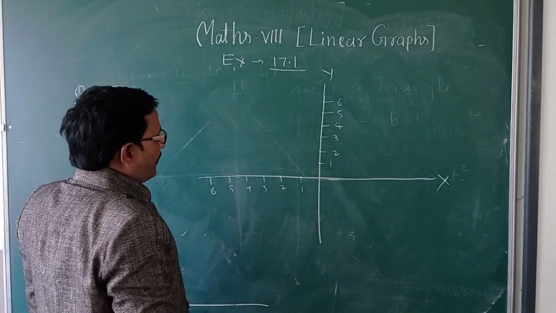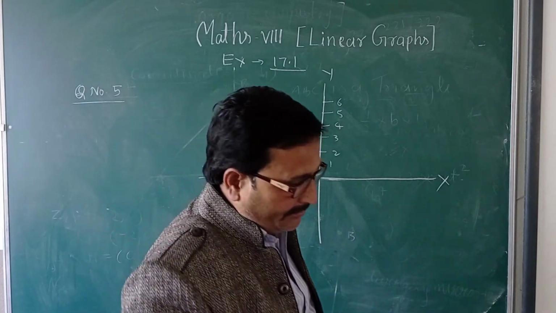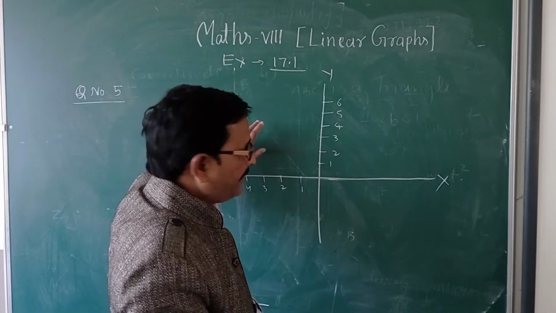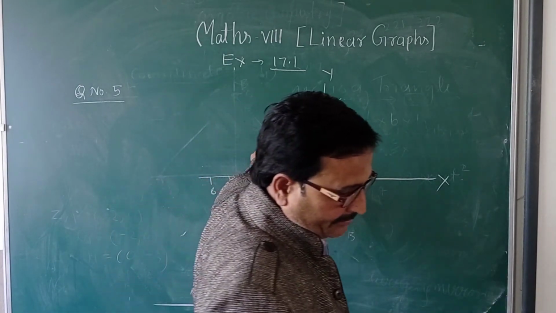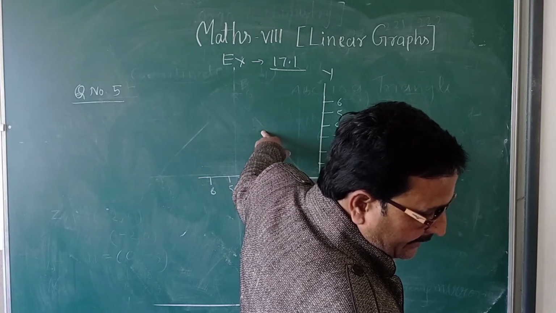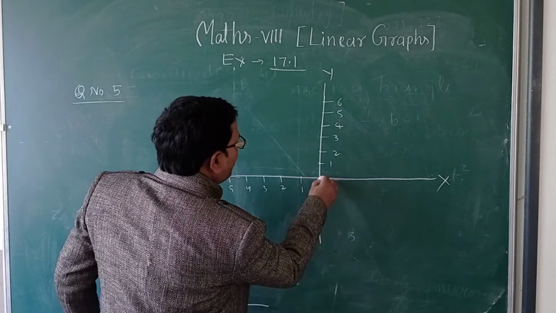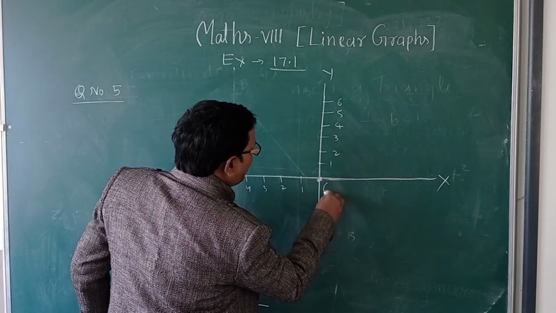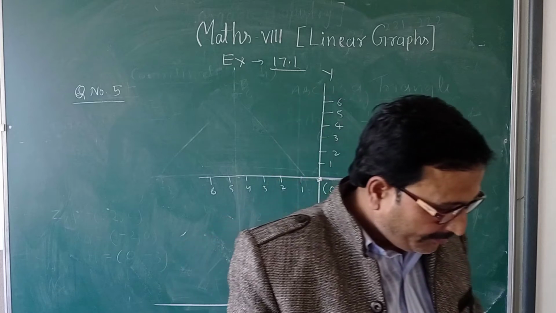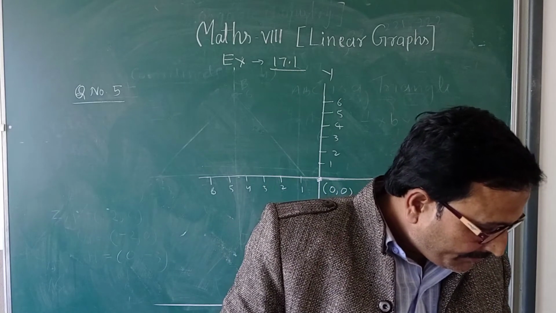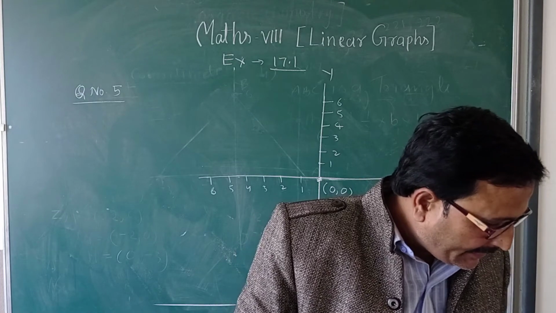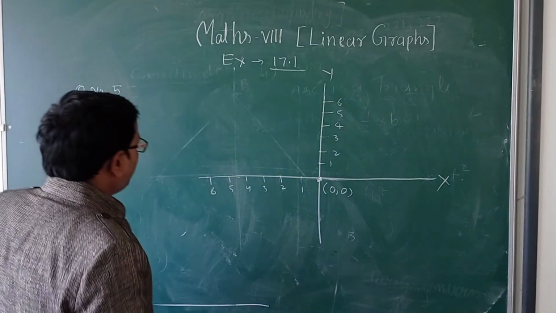The question says to plot a rectangle which lies in the second quadrant, with the origin as one vertex. Its coordinates are (0, 0). It is 6 units along the x-axis and 6 units along the y-axis.